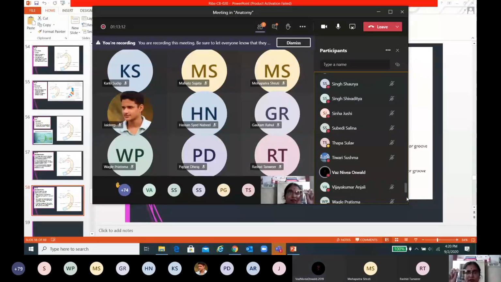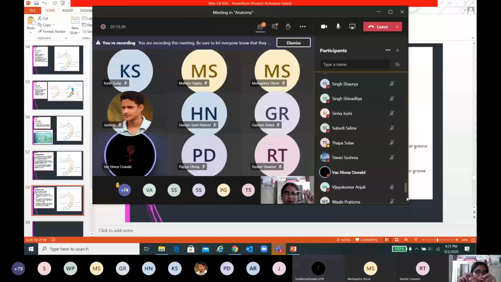What structure is attached there? A membrane, which is also known as cervical diaphragm. Yes, and what is the name now? I have given you the hint. It extends up to the suprapleural membrane. Suprapleural membrane. Very good. Okay, thank you.